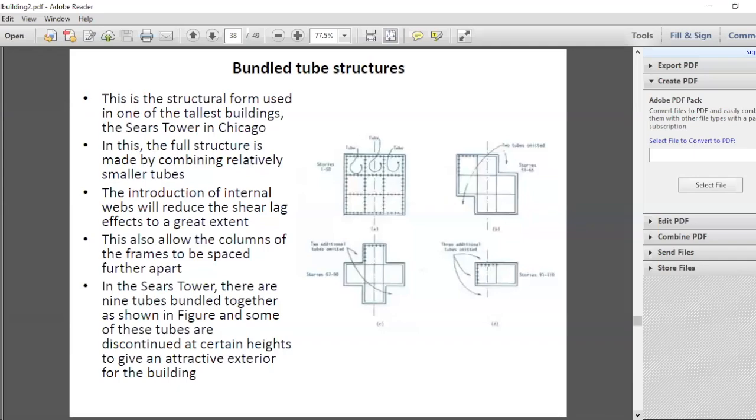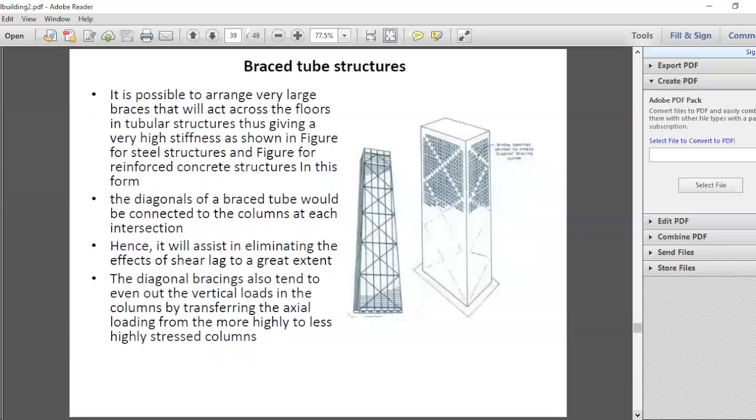So that's another variation. And then you can also have the braced tube structures. It's a tube structure, but in addition to the tube, you get a bracing as well. So some of these openings have been filled with concrete.